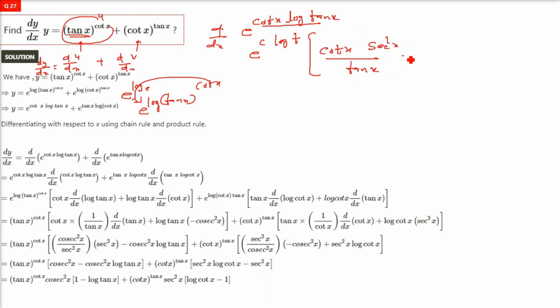Then we have log 10x to take outside, and cot x derivative is minus cosec square x. So let us make it negative, minus cosec square x. Alright, now we can simplify it more. This e to the power cot x log 10x is essentially 10x to the power cot x only. So you can just write it as 10x to the power cot x.